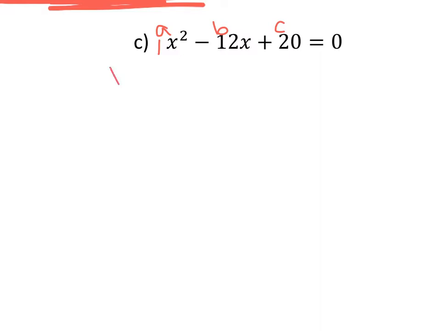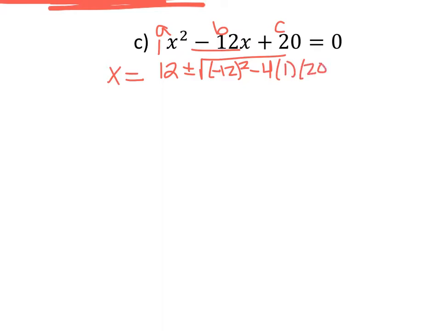So we have x equals negative b, means the opposite of negative 12. So 12 plus or minus the square root of b squared, so negative 12 squared, minus 4 times a, which is 1, times c, which is 20, all over 2 times a, which is 1.